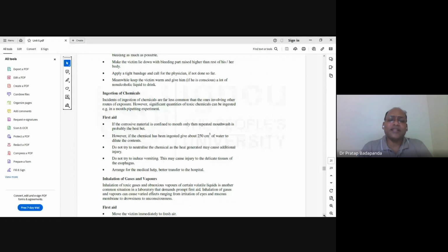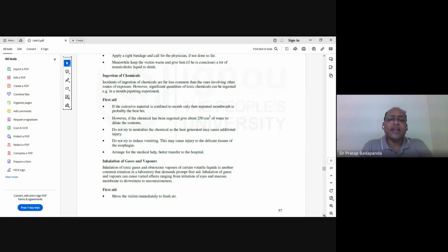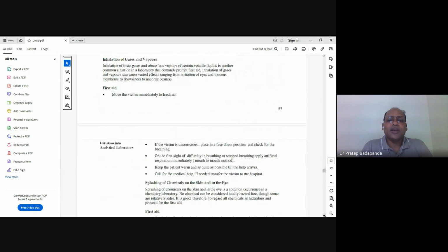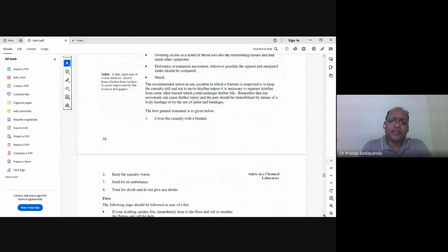Ingestion of chemicals is another important point. If corrosive material is confined to the mouth only, then repeated mouthwash is probably the best. Inhalation of gases and vapors: move the victim immediately to fresh air. That is the essential part. You have to come out from that. These are the things you have to do.